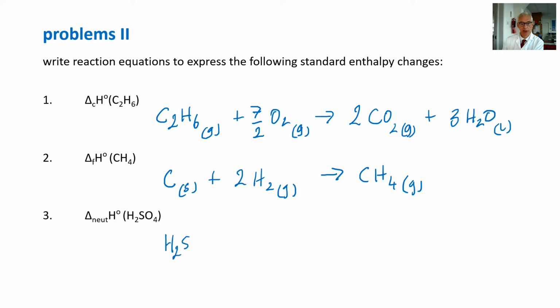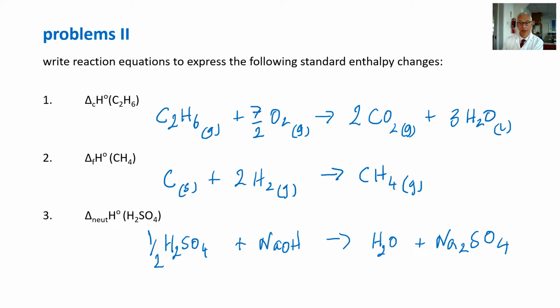And then finally, enthalpy of neutralization of sulfuric acid. Okay, so here's sulfuric acid, but the definition is by moles of water. So we want to form 1 mole of water. So let's react it with sodium hydroxide. But to achieve 1 mole of water, we also got sodium sulfate being formed. To form 1 mole of water, we need half a mole of sulfuric acid.